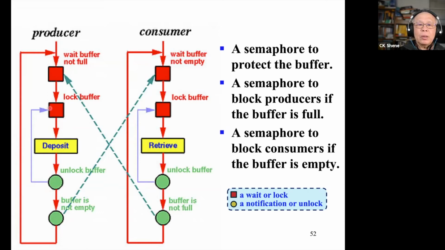If this red square is a semaphore wait, then when someone is going to open or signal the semaphore, we use a green circle. And the blue line relates this wait and this signal.